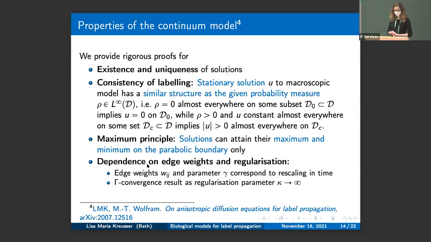And last but not least, we also looked at the dependence on the different parameters in the model, and we found out that the edge weight Wij and the parameter gamma can be regarded as a scaling in time, whereas the coefficient of the double well potential is more or less a regularization parameter. So basically the idea is, as this regularization parameter goes to infinity, we will have step functions as our stationary solutions.